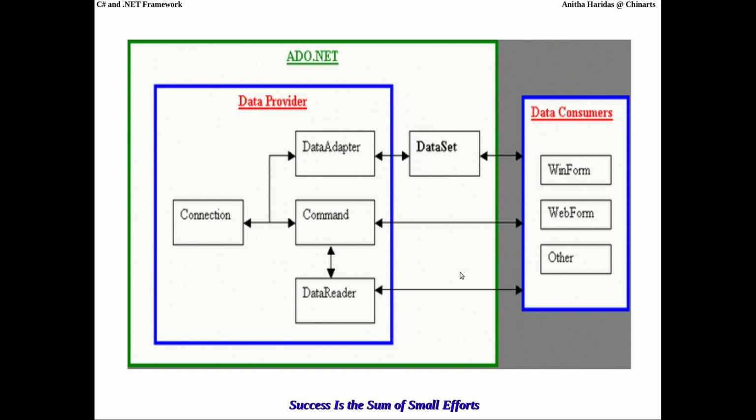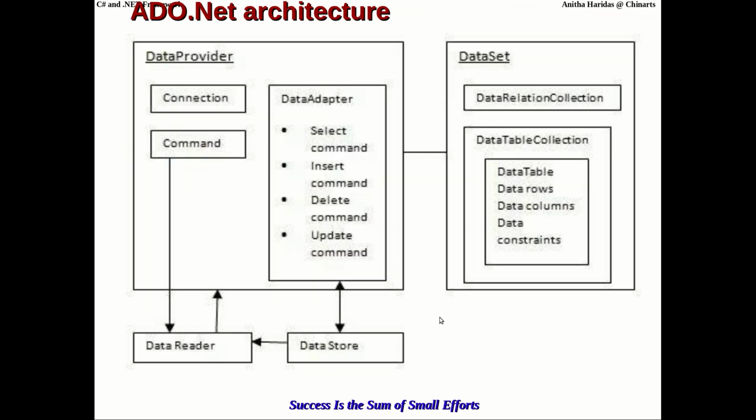Now, when you see this diagrammatic representation, the same concept is given in a different form. This ADO.NET architecture says that ADO.NET contains a component called the data provider. Inside the data provider, you have a connection object, a command object, and a data adapter object, and outside this you have a data reader which will be communicating to a data source.